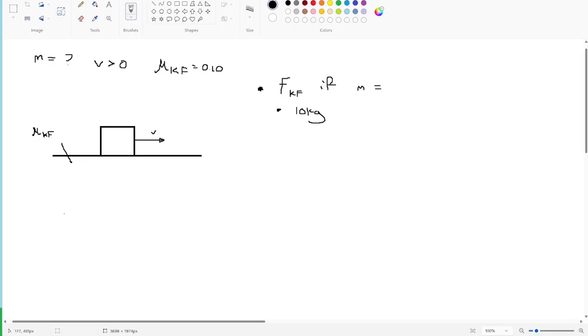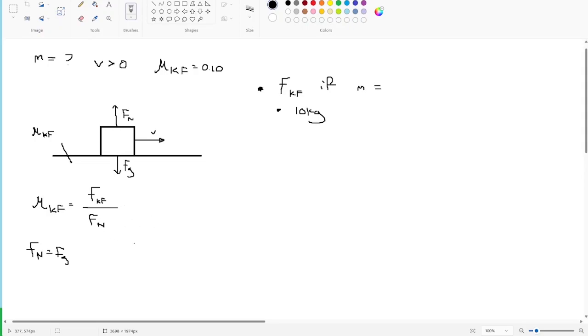Alright, so how you would approach this is, you know that the coefficient of kinetic friction is going to be the force of kinetic friction over the normal force. In this case, the normal force is applied this way, and the force of gravity is applied this way. So the normal force is going to be equal to the force of gravity in this case, but in the opposite direction, of course.